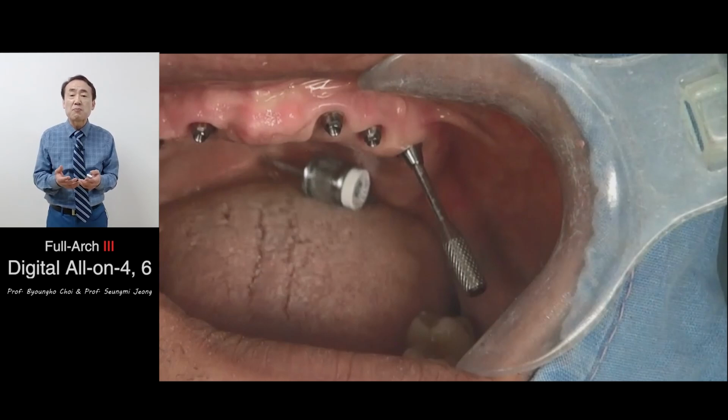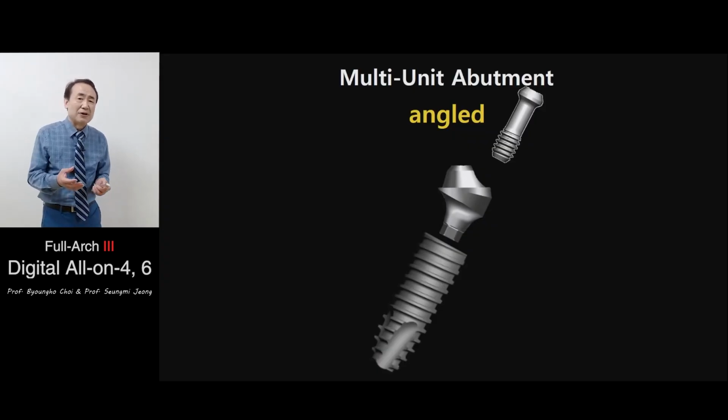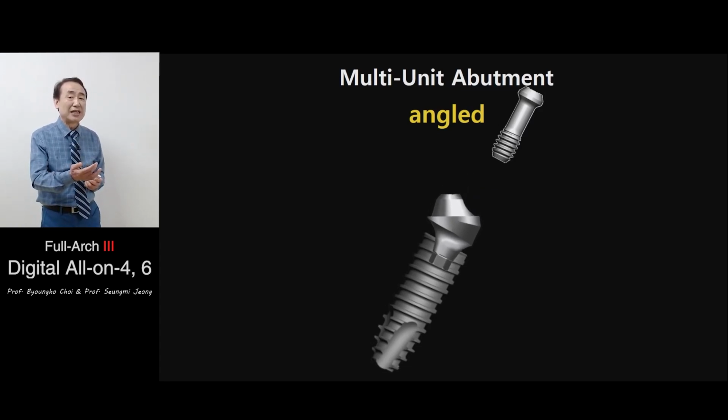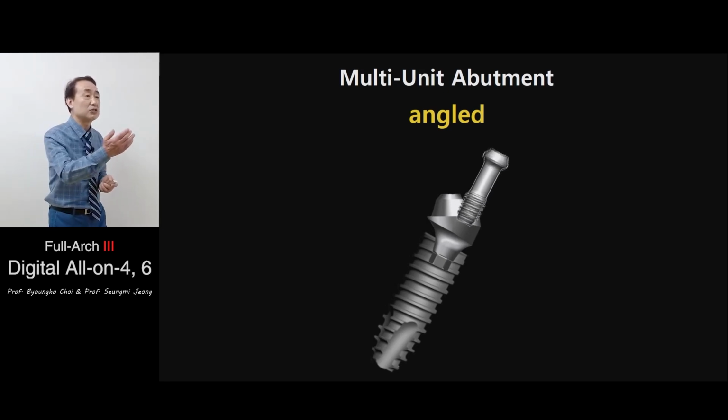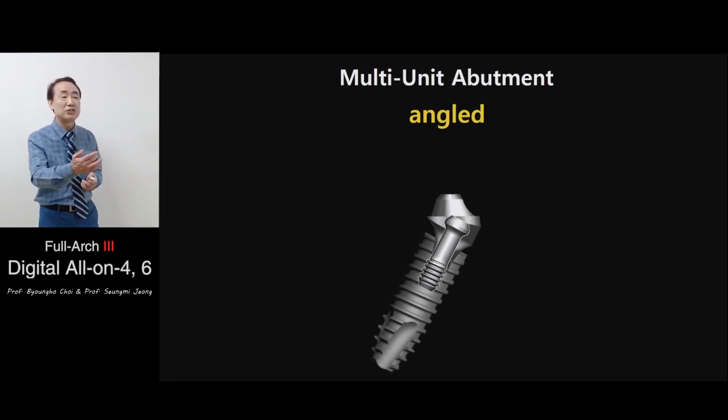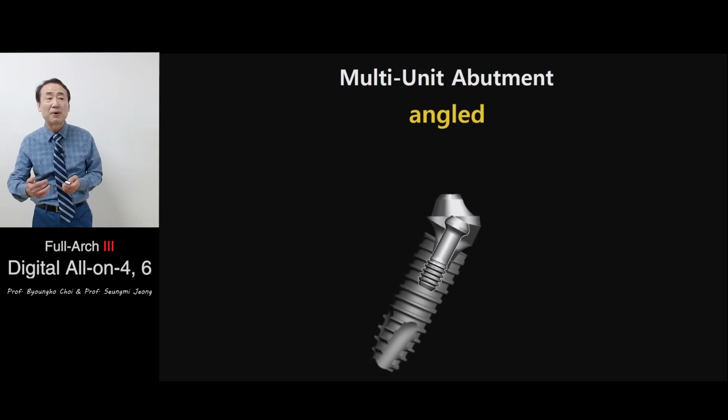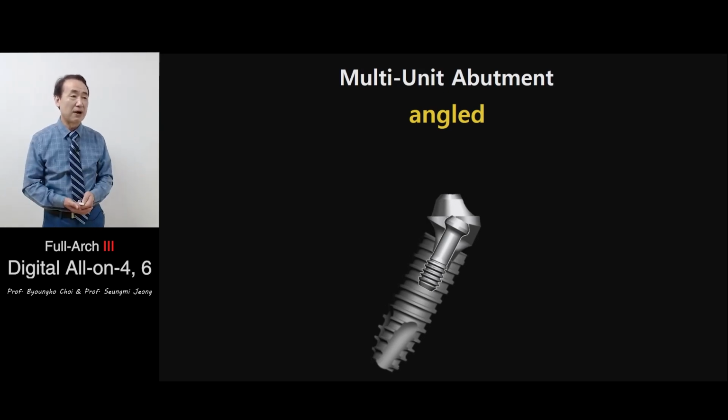Because of poor visibility and poor accessibility, the angulated abutment is connected to the implant from the distal side. And the abutment screw is also inserted into the abutment from the distal side in the mouth. It's quite challenging.